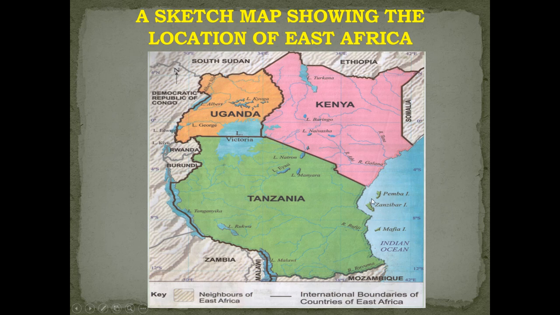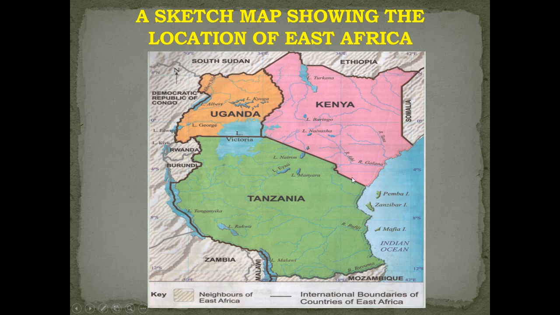When you look at the Indian Ocean, we have three major islands. These major islands, Pemba, Zanzibar and Mafia, make up part of East Africa. Therefore, they are part of Tanzania and they are part of East Africa.